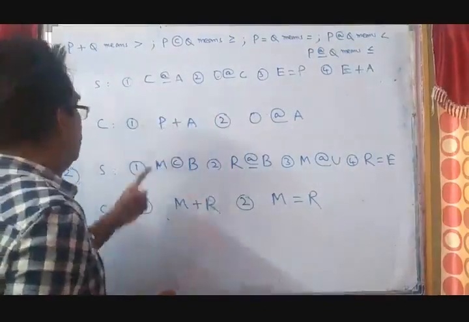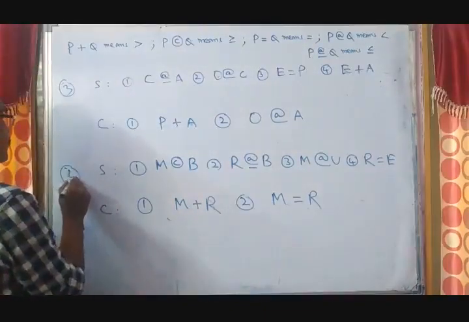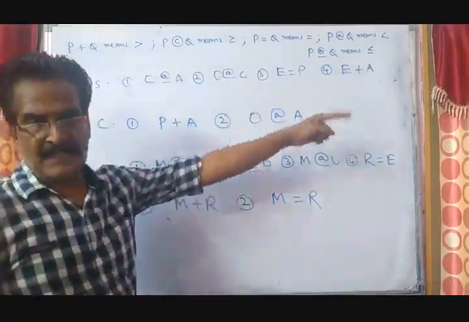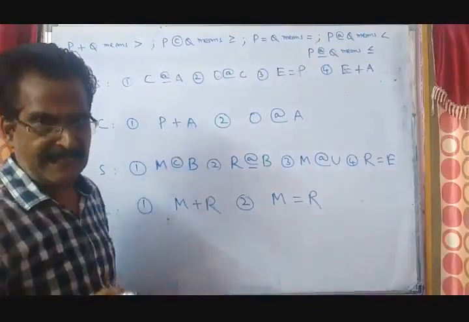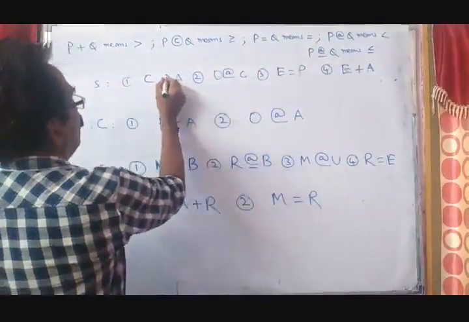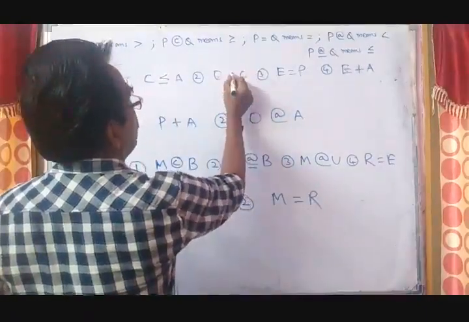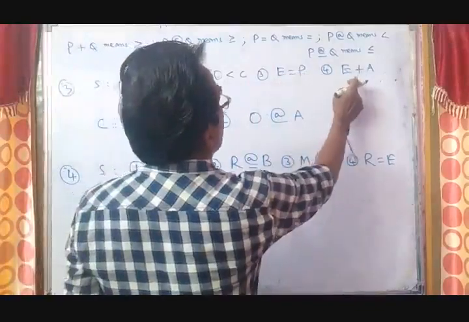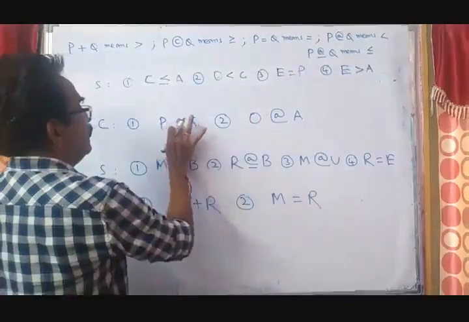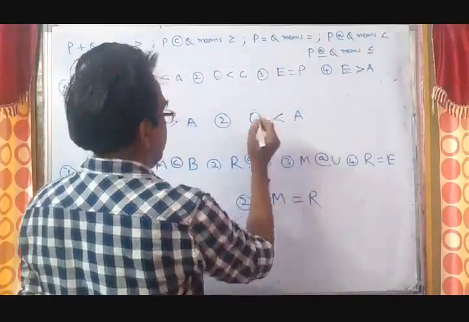So let us see the third problem. Let us first change these symbols and write a single statement. Less than or equal to, at the rate means less than, equal to means equal to, plus means greater than, at the rate means less than.